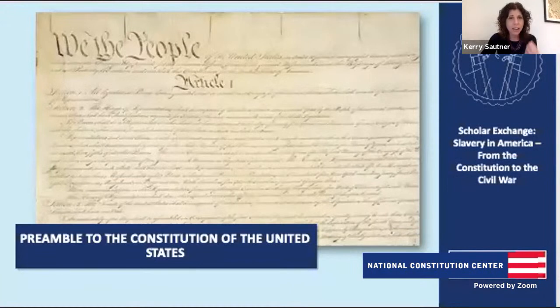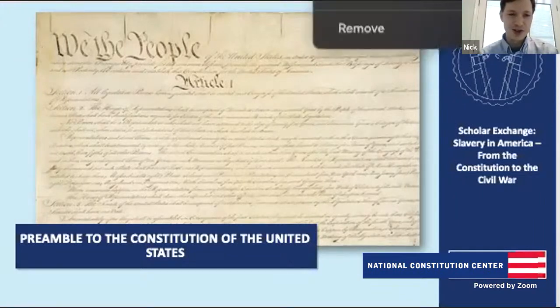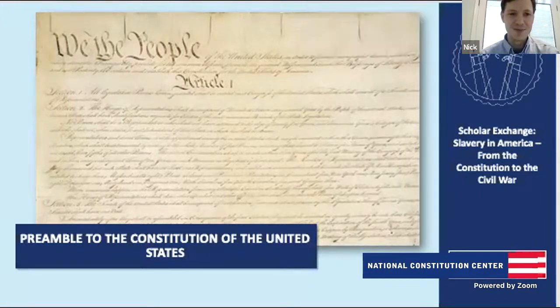Do you want to start walking us through the Constitution and where we see slavery in America in the Constitution? I think we either start there or we start with the bigger story that looms before the Constitution, whichever makes most sense. I think we usually start with the text, though.